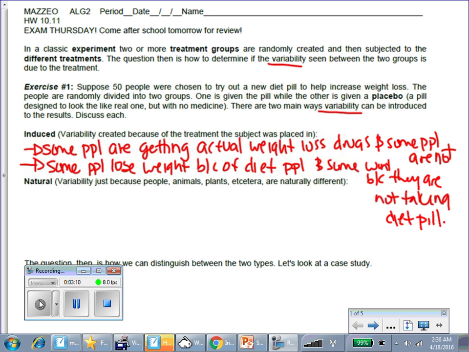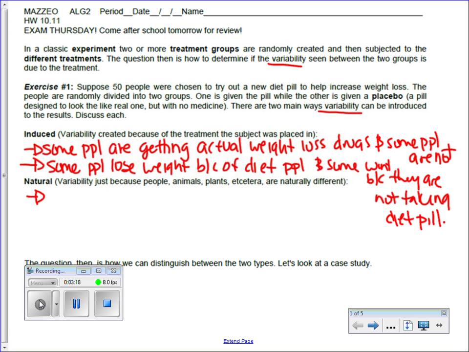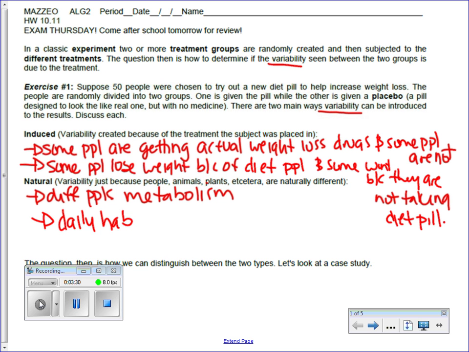The variability is simply due to different people's metabolisms and daily habits and has nothing to do with the pill that they received. So it's basically just because people are different.